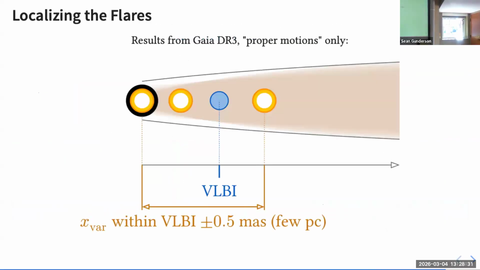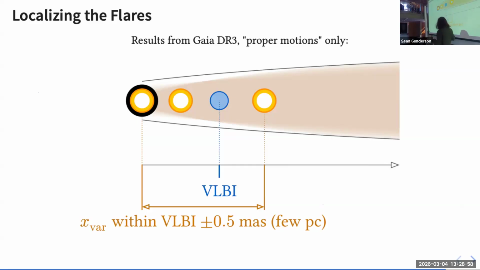I don't have a final plot with properly selected sources that have reasonable uncertainty, but this comes from about 25 sources. For each source, I can compute X var and its uncertainty, and often it just ends up huge, for example because there is no major flare happening.